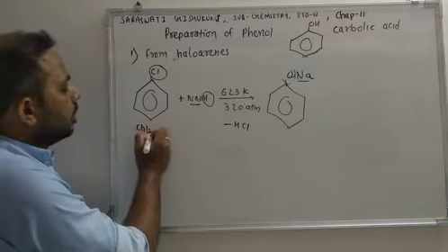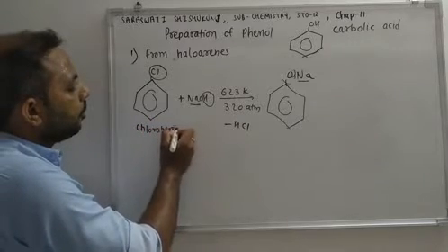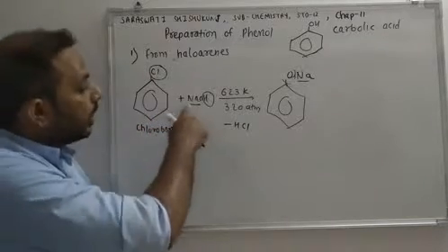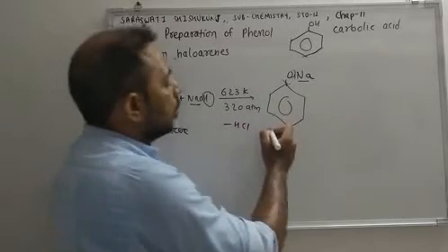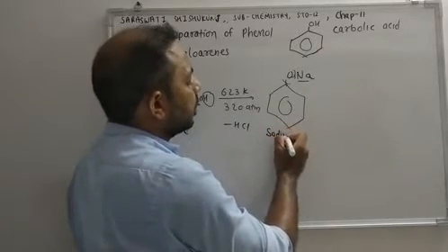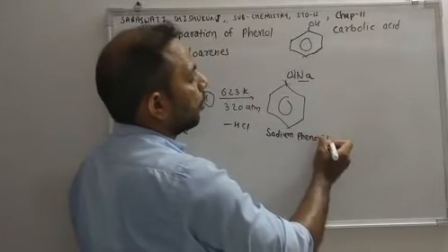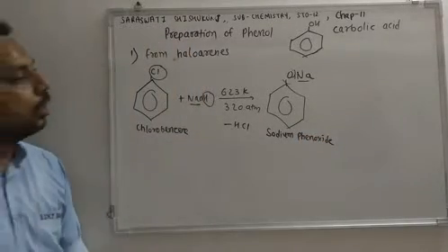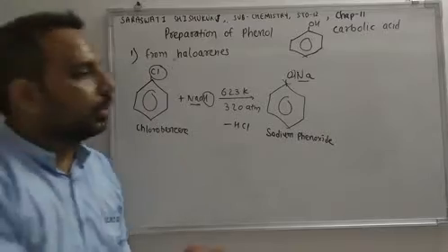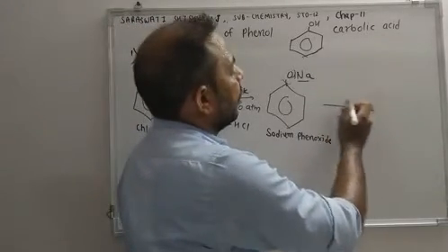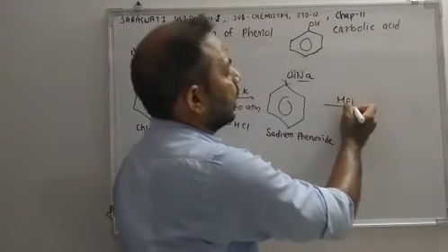So chlorobenzene reacts with NaOH and it will form sodium phenoxide. Now sodium phenoxide reacts with any acid. We can write HCl or we can write anything, right?